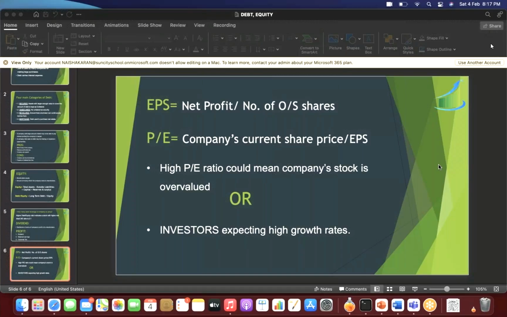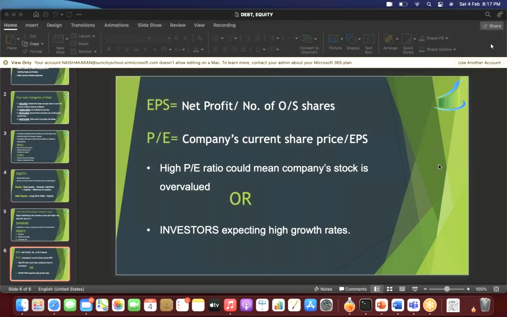So I will have to check the price earning ratio of that company's competitors, and if it is high, then I come to know that yes, this company's share is overvalued. Yes, industry price earning ratio.